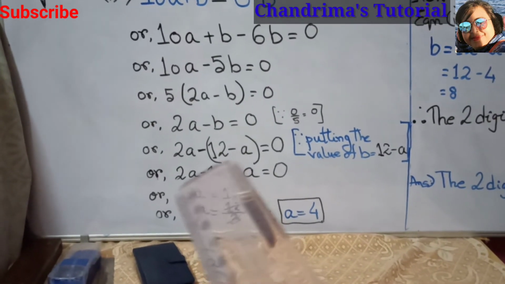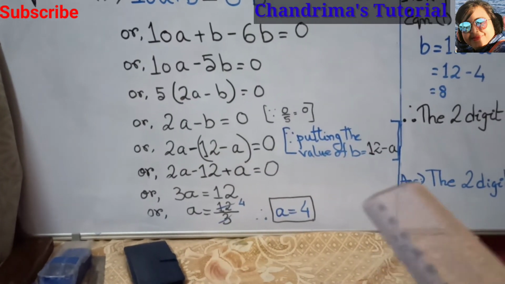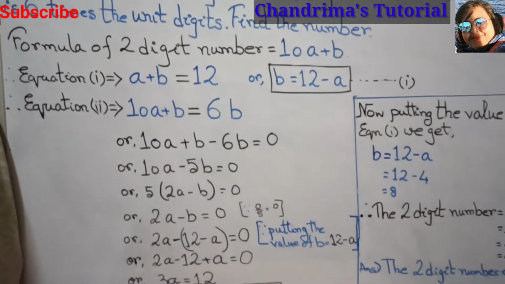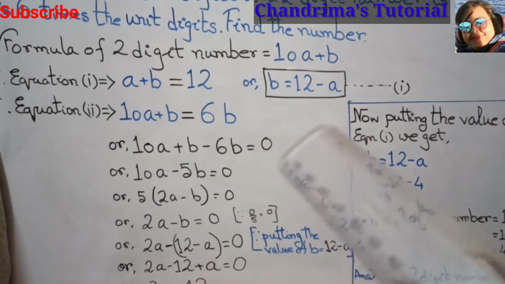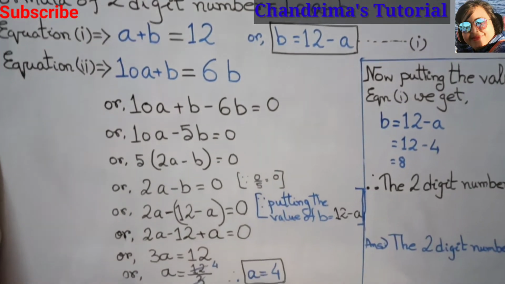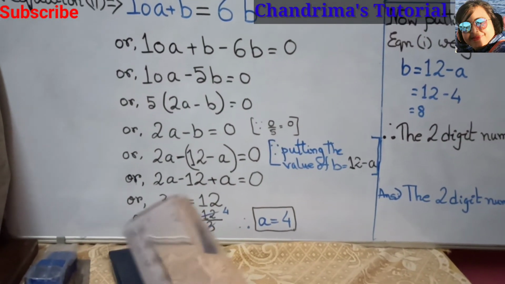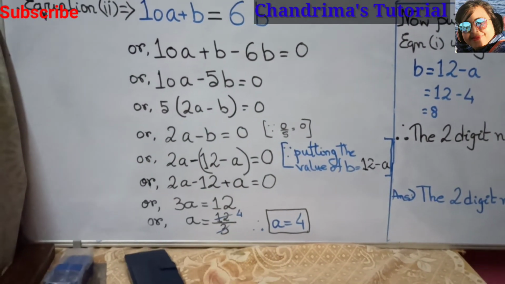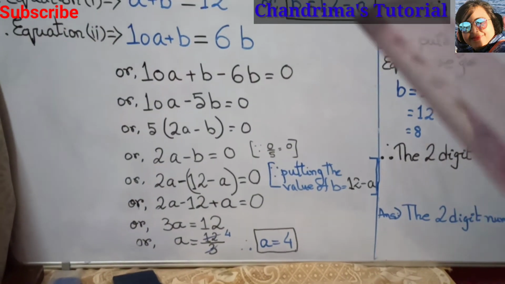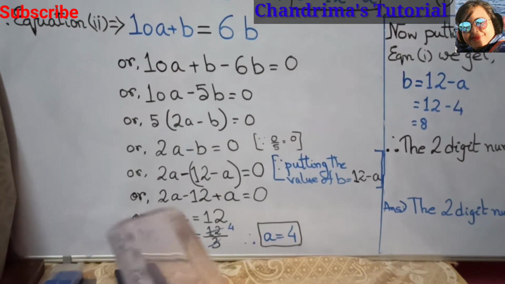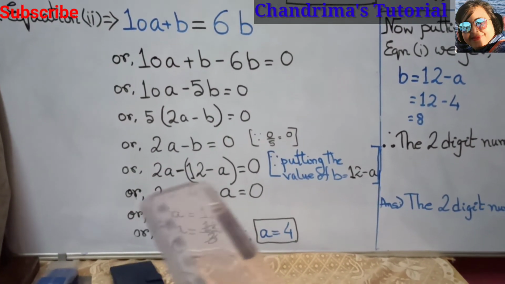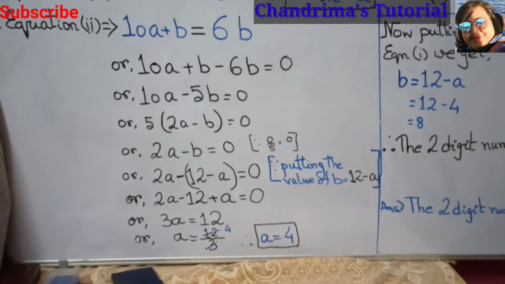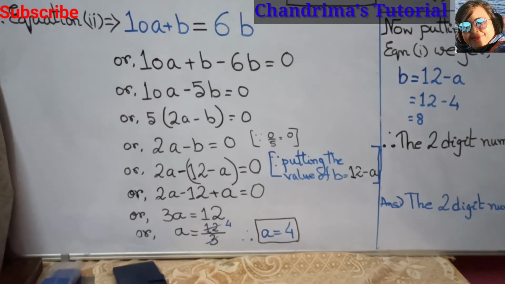Now in this stage, we put the value of b that we got from the first equation, b equals 12 minus a. So we put in 2a minus (12 minus a). Now solve it: 2a minus 12, then minus times minus becomes plus. Do you know this?